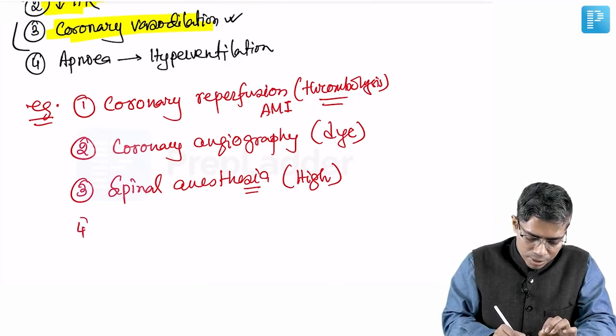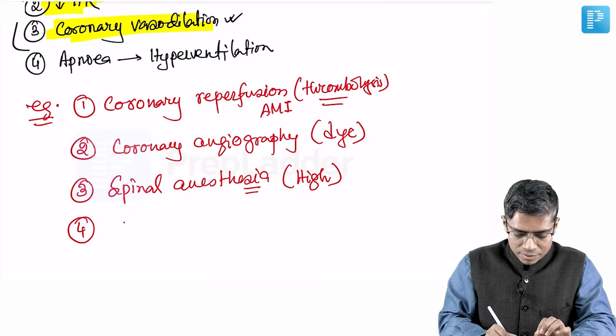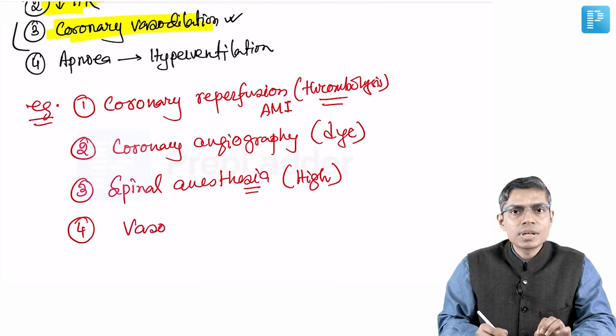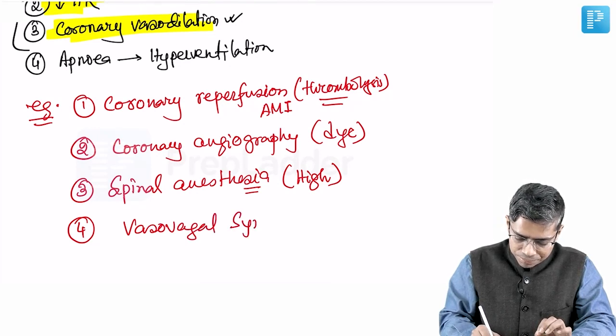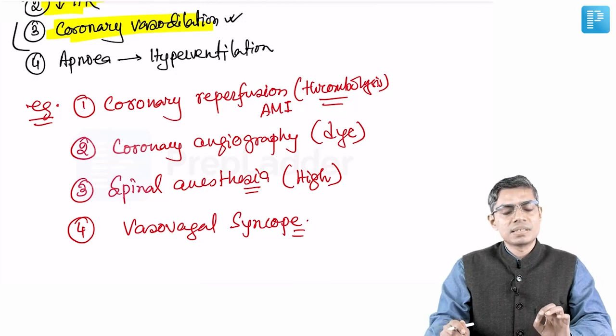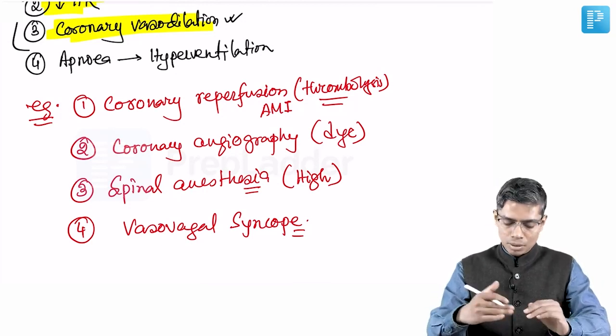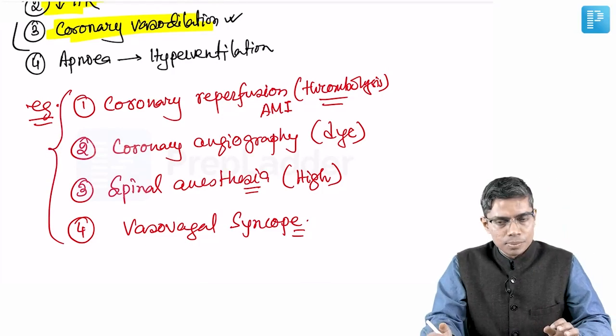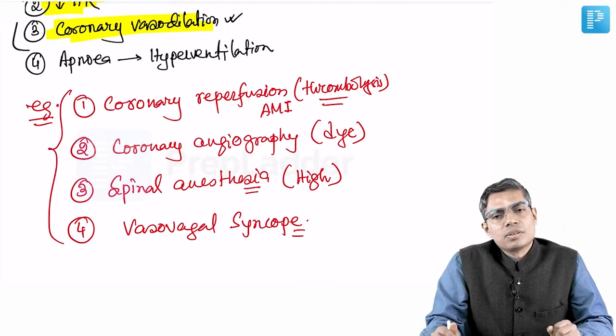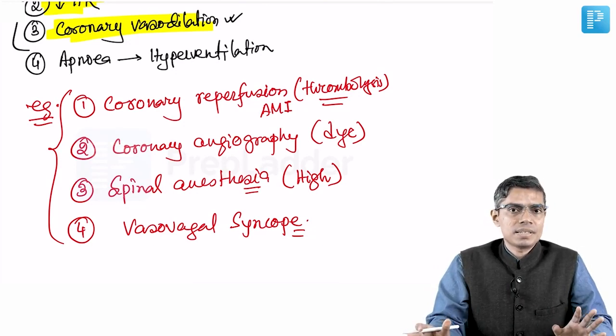And number 4, some of the vasovagal syncope is also due to Bezold-Jarisch reflex activation. Although the reason is not known, it is experimentally proven that some vasovagal syncope is due to activation of the Bezold-Jarisch reflex, right?